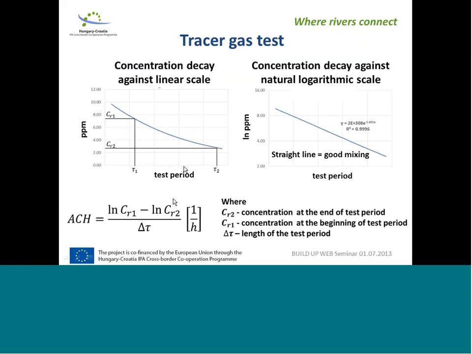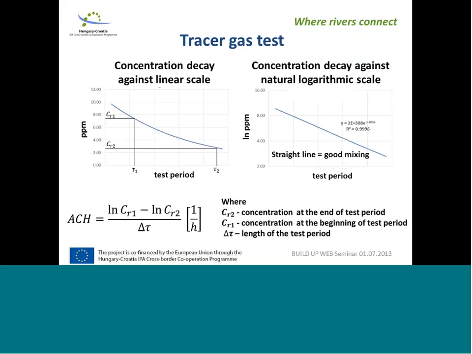air change rate can be calculated from the tracer gas test: the natural logarithm of concentration 1 minus the natural logarithm of the concentration at the second point, divided by the test period.